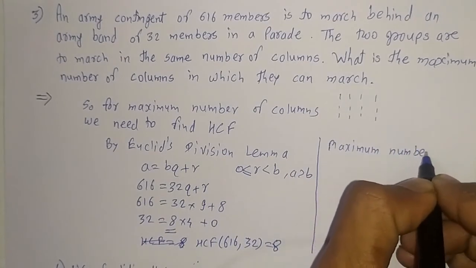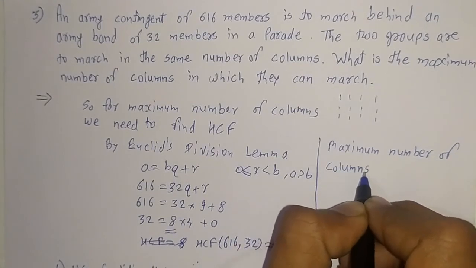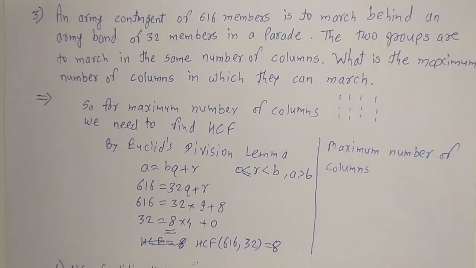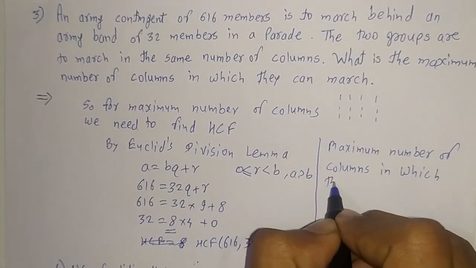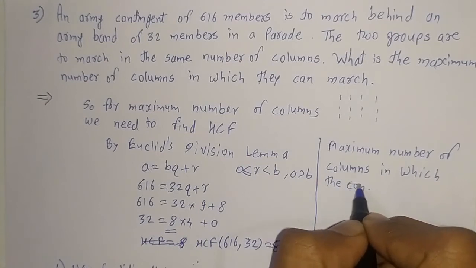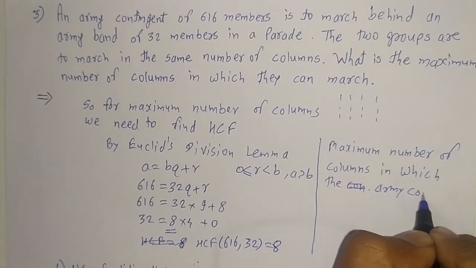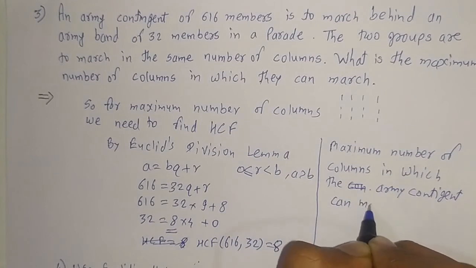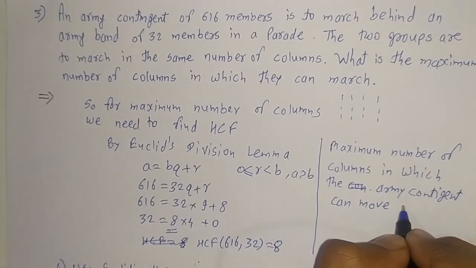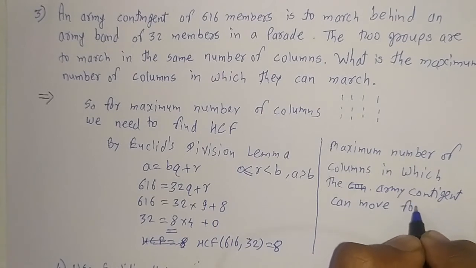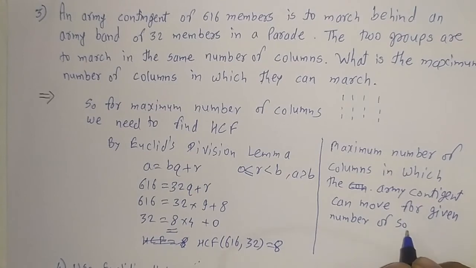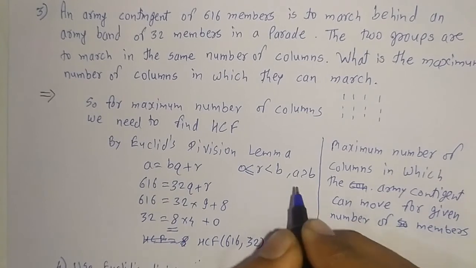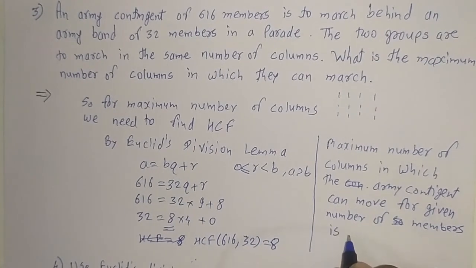Maximum number of columns in which the army contingent can move for a given number of members, that is 616 and 32, is 8.